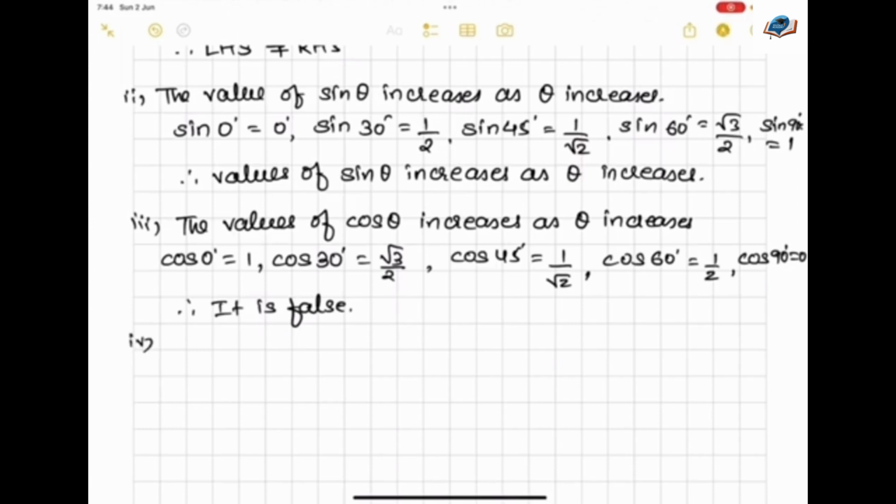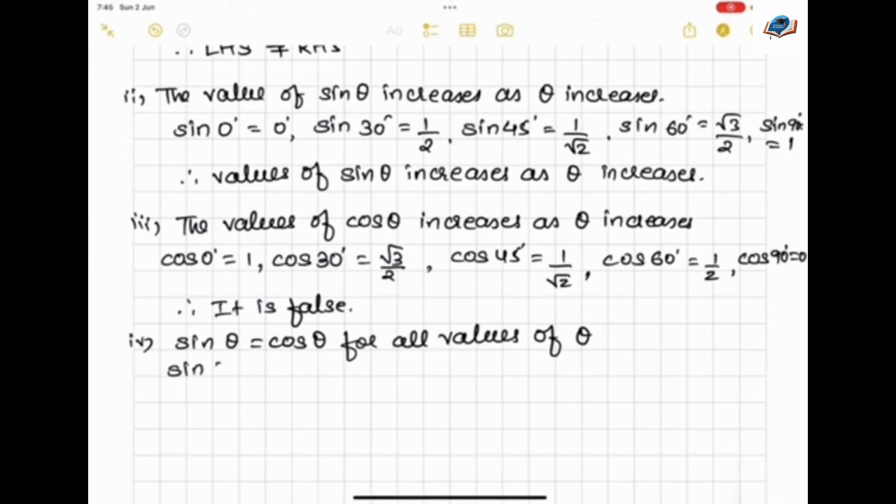Fourth one is sin theta equal to cos theta for all values of theta. So to prove this, I can take sin 30 only, simple, theta is 30.